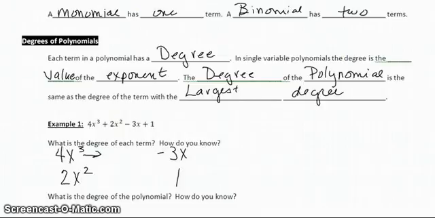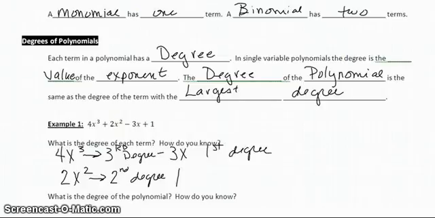So 4x cubed would be a third degree. 2x squared is second degree because my exponent is a 2. Negative 3x is a first degree.